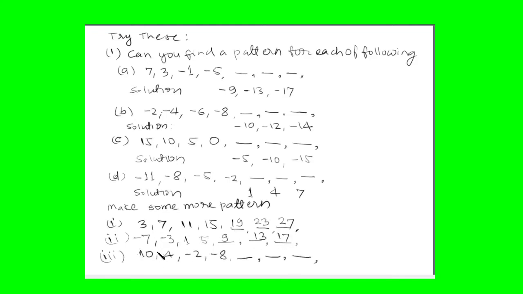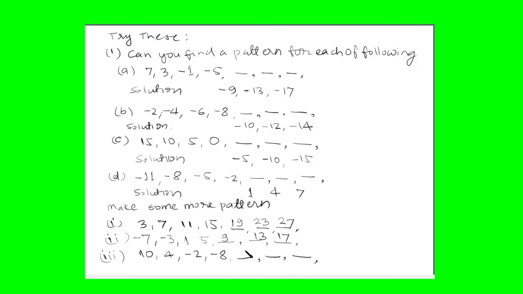Our third pattern is 10, 4, -2, -8. If we add -6 to 10, we get 4. If we add -6 to 4, we get -2. If we add -6 to -2, we get -8.